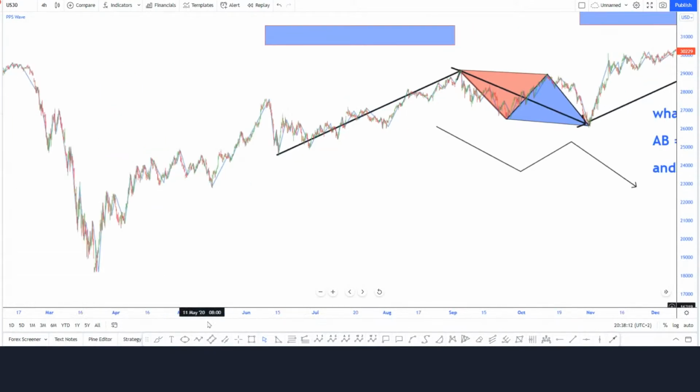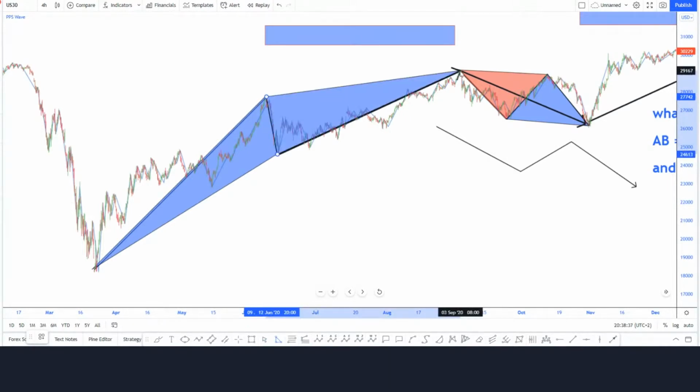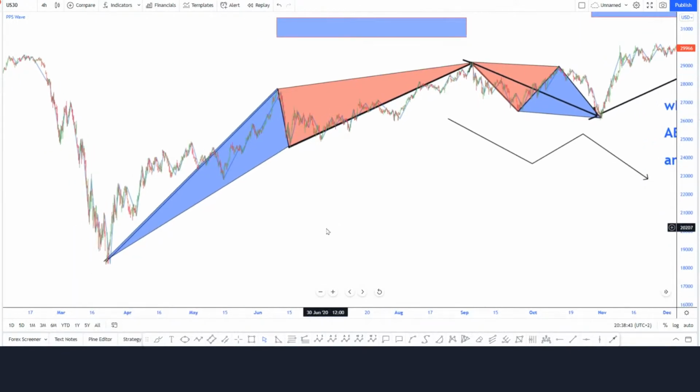After the coronavirus, what happened here? You have such a strong move all the way here, okay? Then you had a little bit of correction. Then you had another shoot up here. How do you study this one?